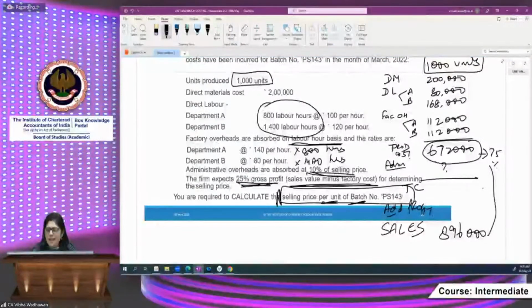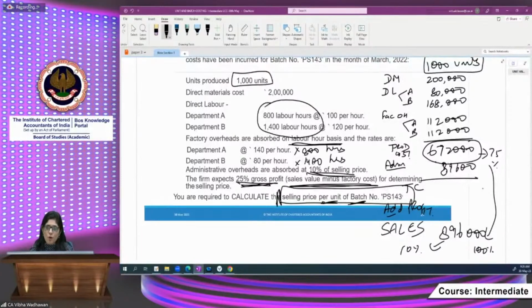So can't we calculate 100%? We have calculated the sales. Now can't we calculate administration overheads? It's 10% of selling price, so administration overheads are 89,600.